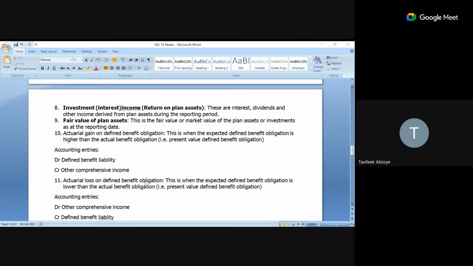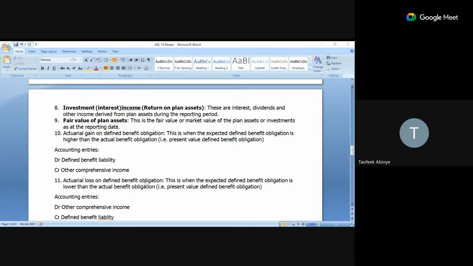So what is actuarial gain? Actuarial gain is when your expected defined benefit obligation is higher than the actual benefit obligation. Don't worry, we'll solve one past question now. Within 15 minutes, we will be done. IAS 19 is very, very simple. In fact, I usually pray for it to come out. There's no way you are not going to score at least 10 over 15, no matter how the question is thick.